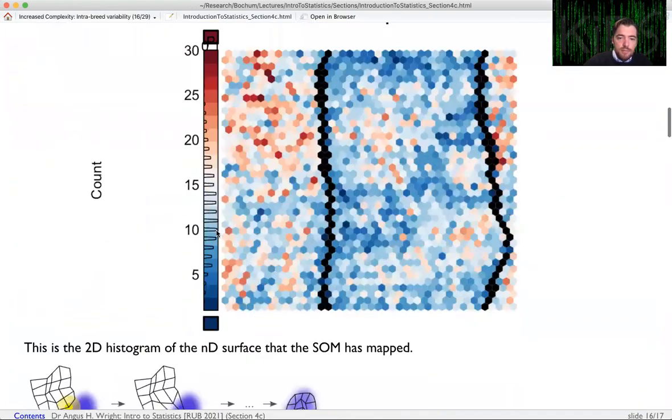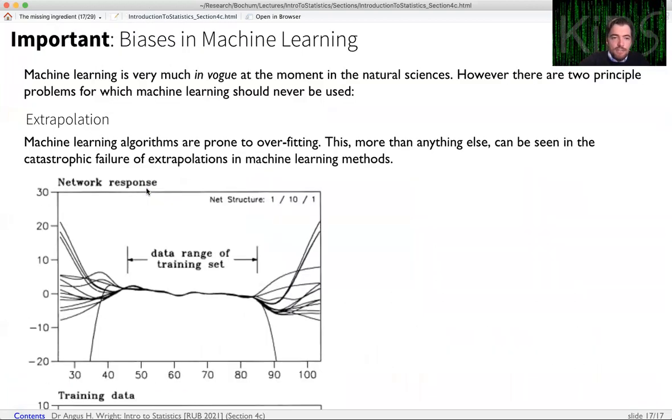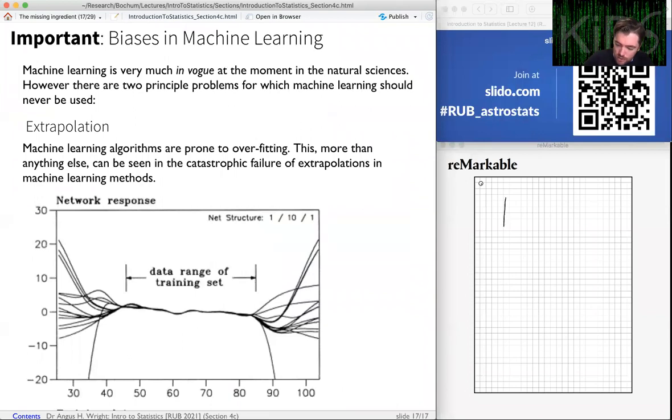Let's say this area here, the top here. And what we're going to do is ask the question, what does a fourth parameter, call it A, have in that population, in that part of the SOM? So we go to a particular patch of it, which is over here.